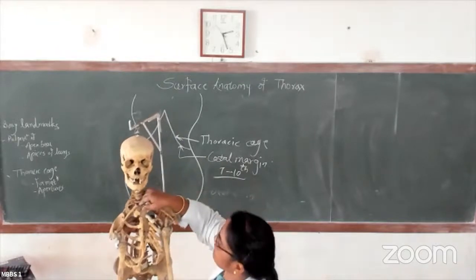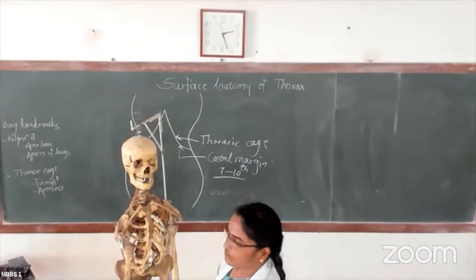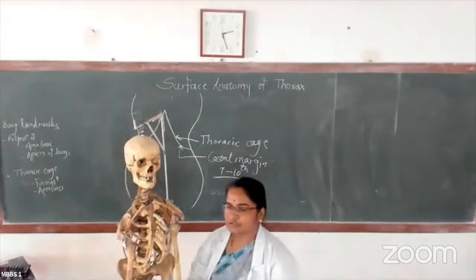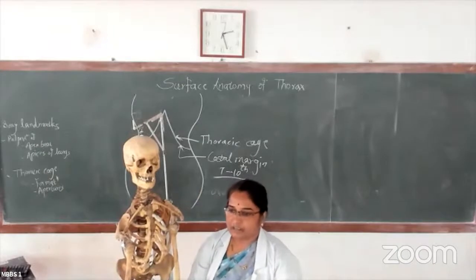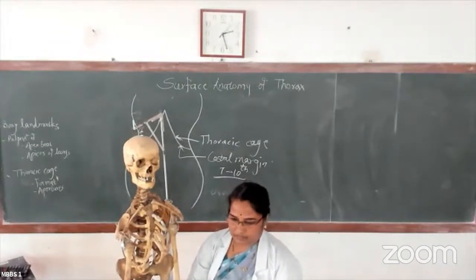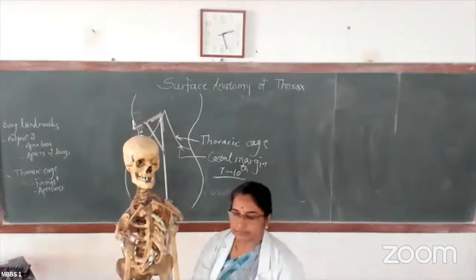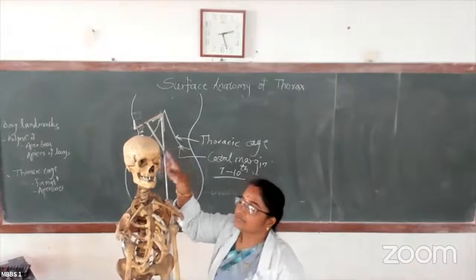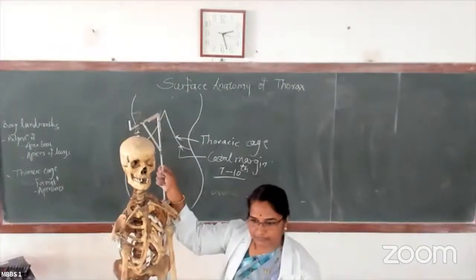Now which structures enter or leave through this superior thoracic aperture? So in the median plane, these are the trachea, esophagus. Then on either side there are apices of the lungs with cervical pleura.